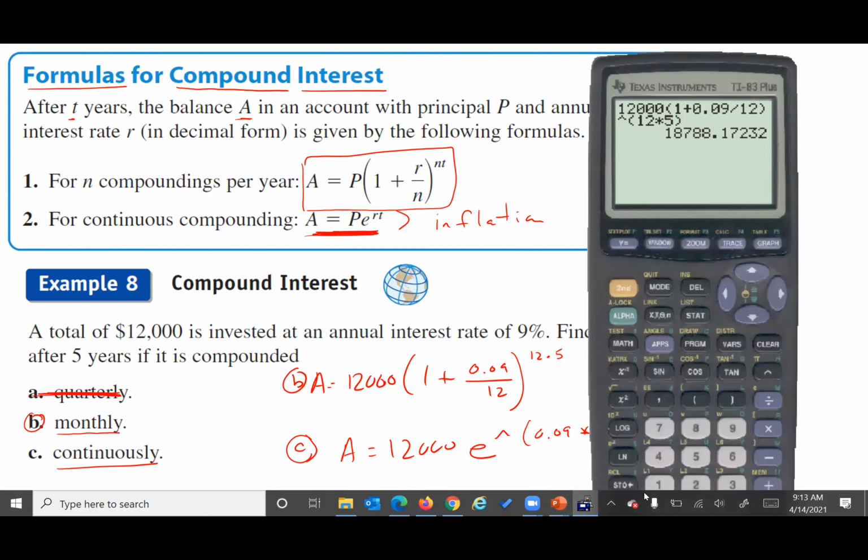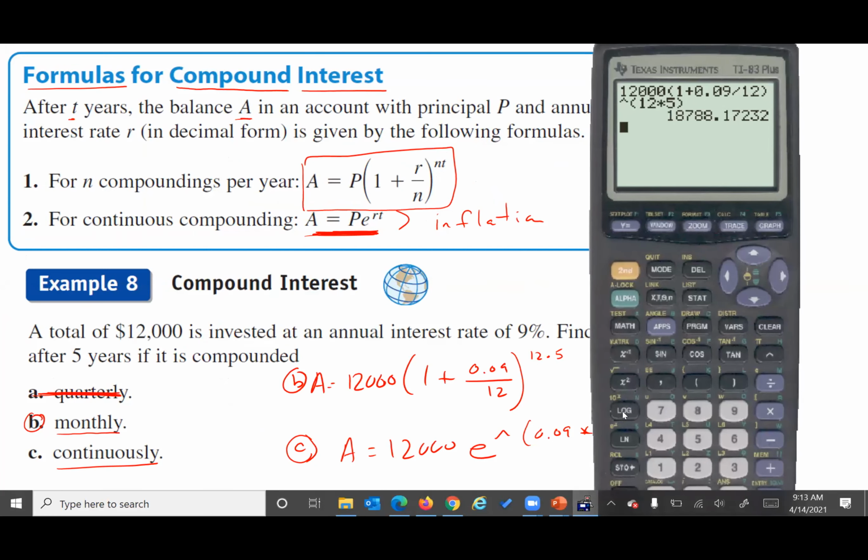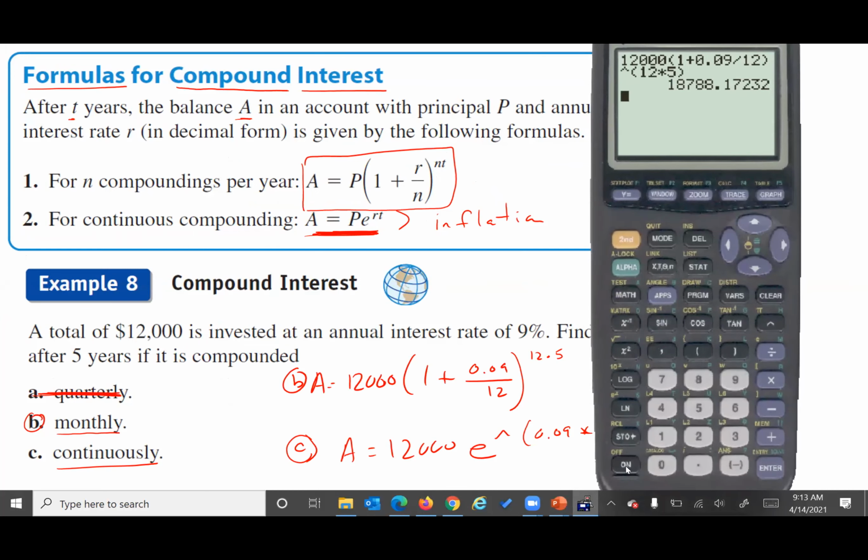Okay, let me plug it in here myself, just real quickly. 12,000 times E to the 0.09 times, is it 5?